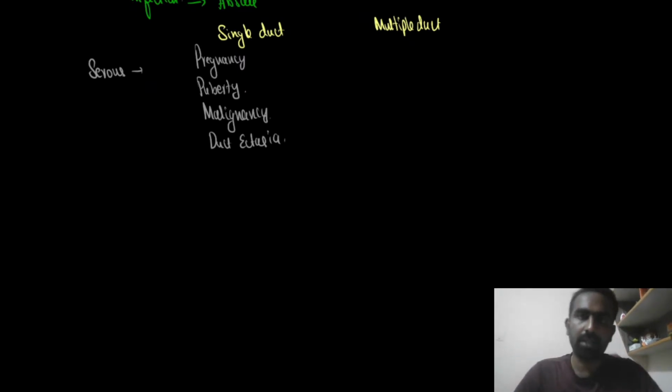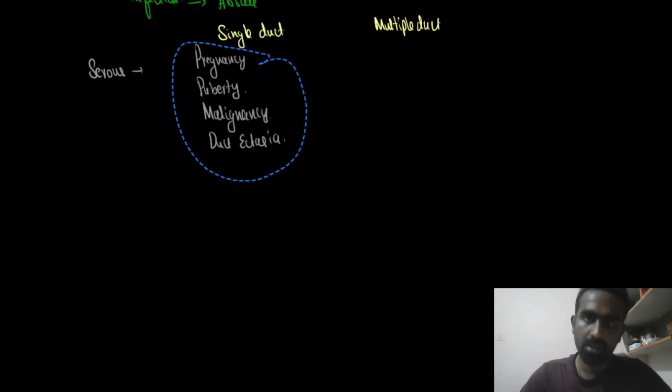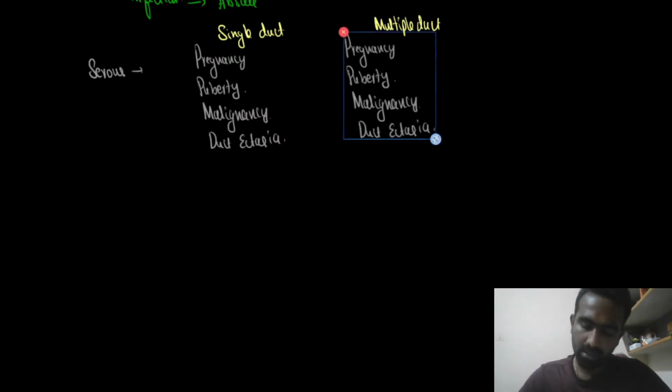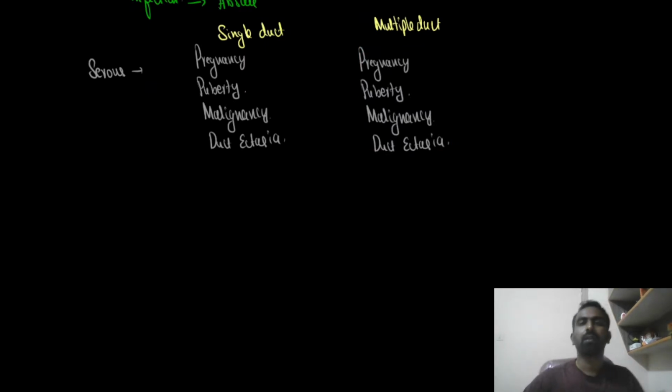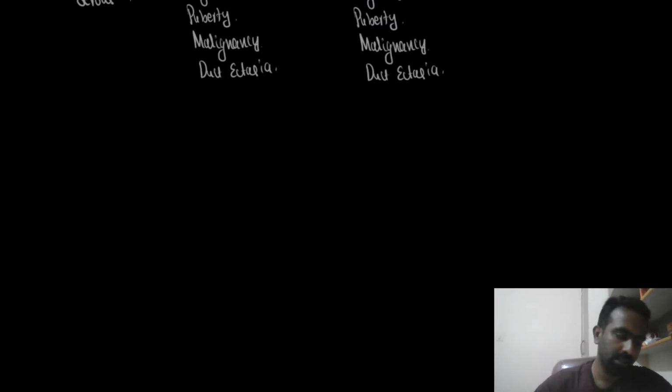In the case of multiple ducts also, it can be pregnancy, puberty, malignancy, or duct ectasia.